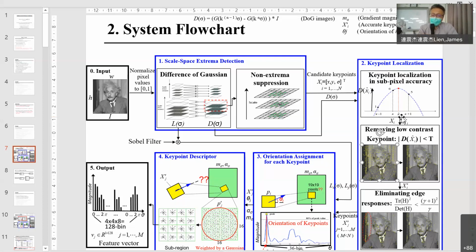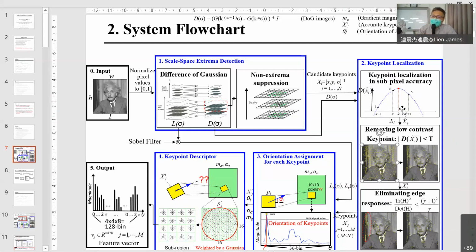Mr. James, can you do that for me? When you face this situation, you should use subpixel accuracy. This is software, because your hardware, your camera, has an accuracy of only 1 millimeter. So how can we improve our accuracy to 0.1 millimeter? That's called subpixel accuracy. This lecture will teach you how to do that.